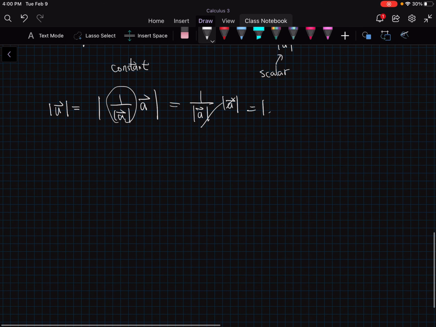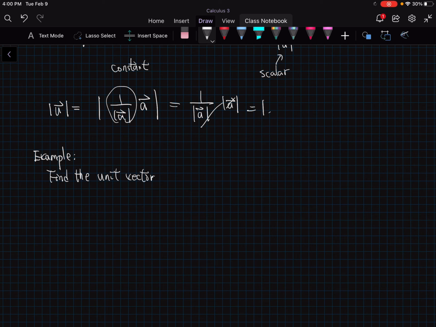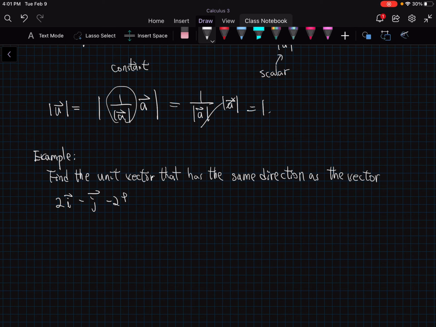Let's look at an example. Find the unit vector that has the same direction as the vector 2I minus J minus 2K.